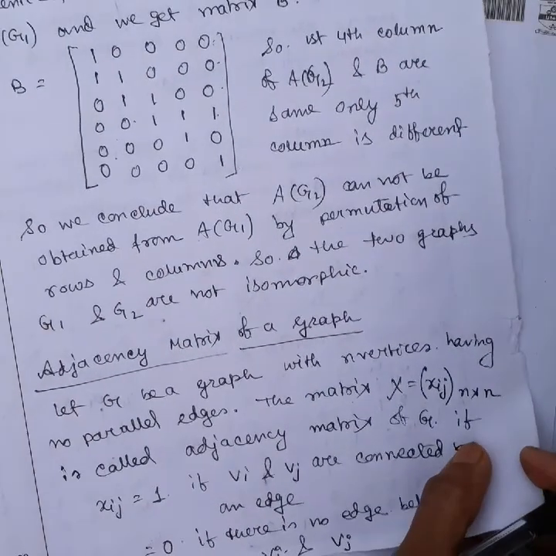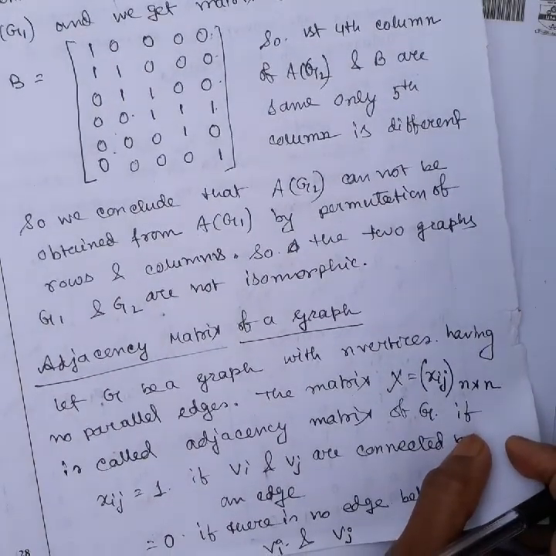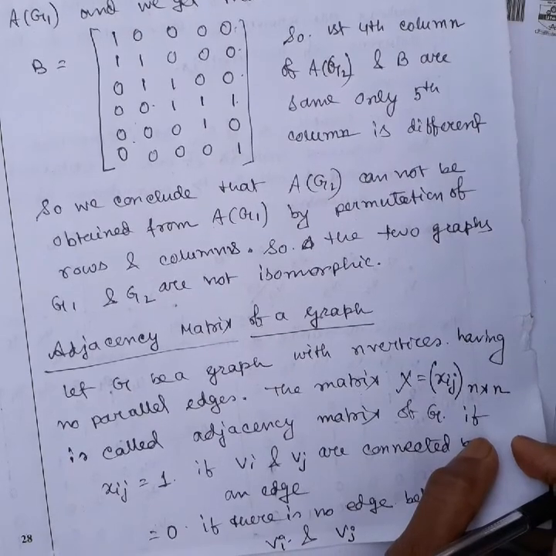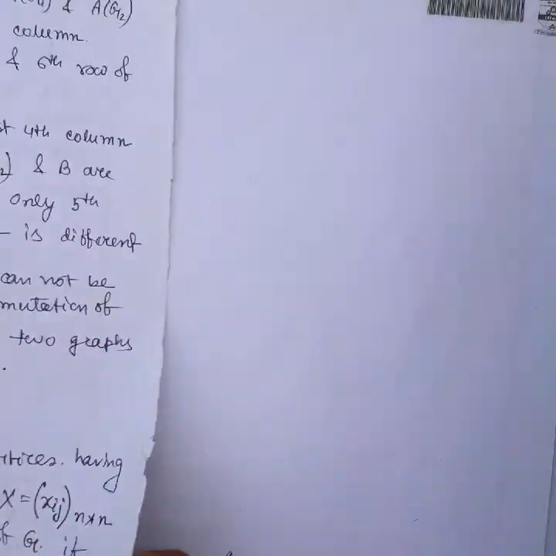Okay, and if there is a self loop at Vi, then we suppose Vi is connected by an edge.